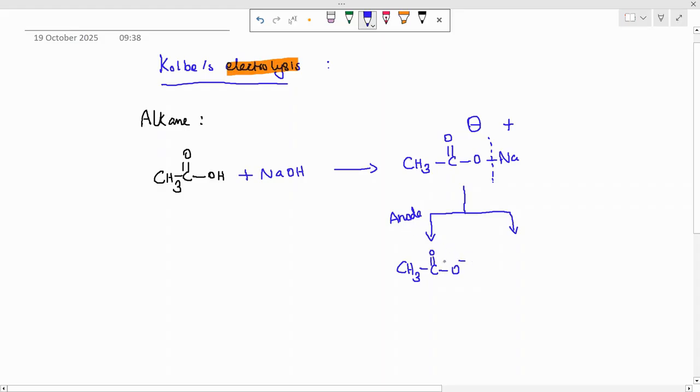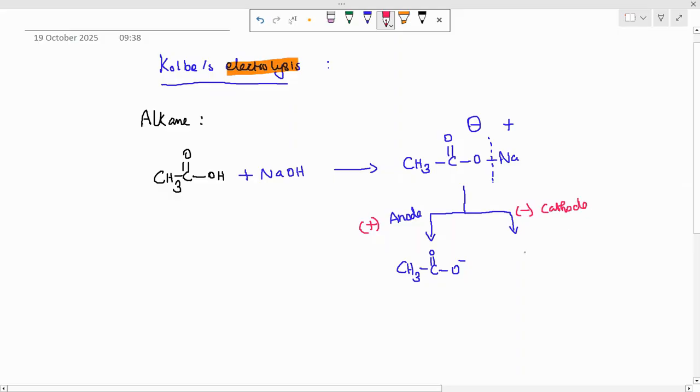So the anode will attract the negative charge species, that is anion. That's why it should possess the positive charge. You have to connect the anode compartment to the positive terminal. The positive electrode acts as an anode and the negative electrode acts as a cathode.